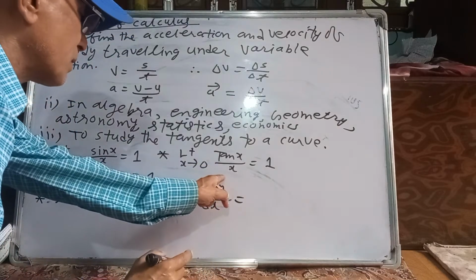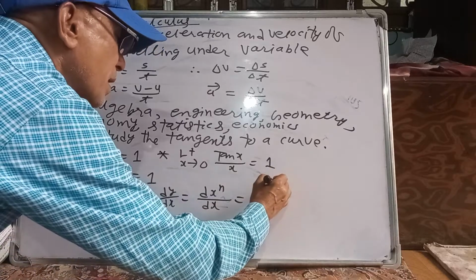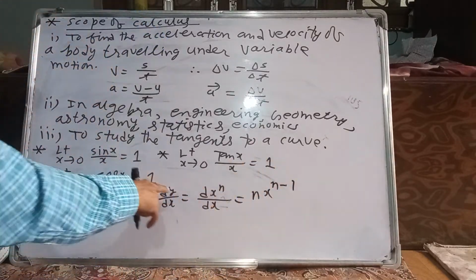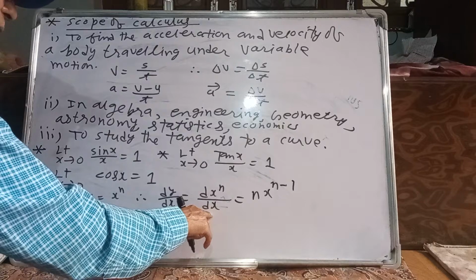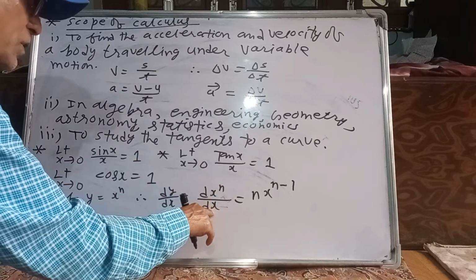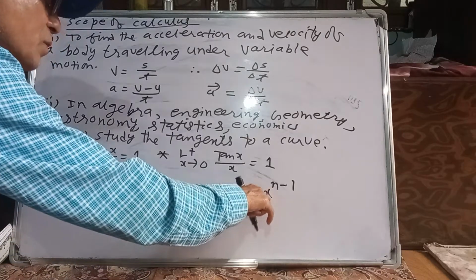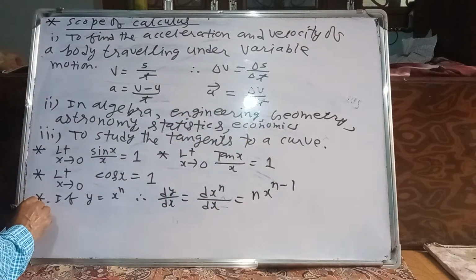How to calculate this? The power comes first, x and n minus 1. d x^n by dx, differential coefficient of x to the power n with respect to x is equal to n times x to the power n minus 1.